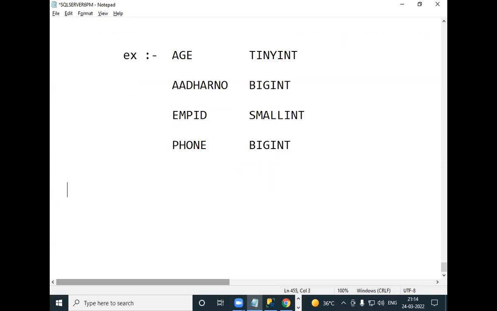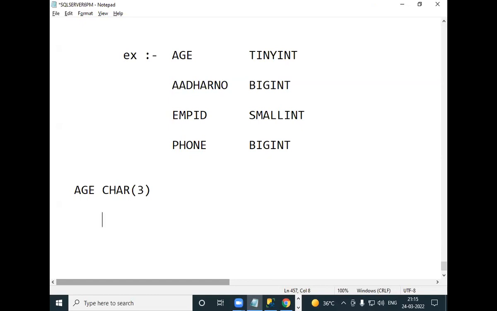So age, for example. Suppose age is there. Age contains how many digits? 3 also, some are 120 years. Recently one has taken the Padma Award. So if you use a character data type, you declare 3. Then how much memory is allocated for age? 3 bytes.